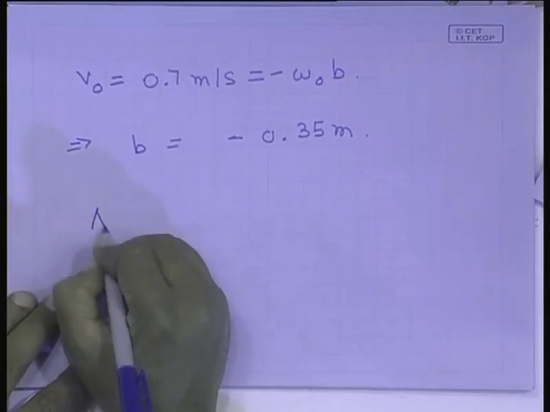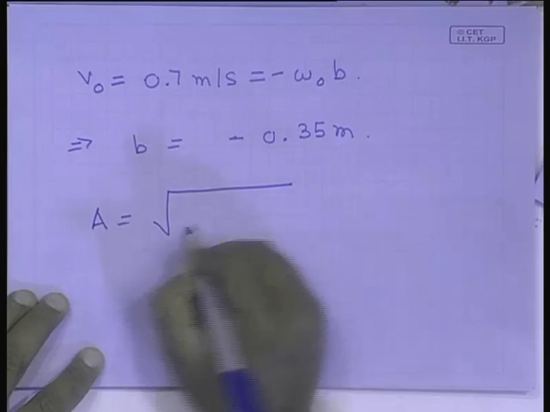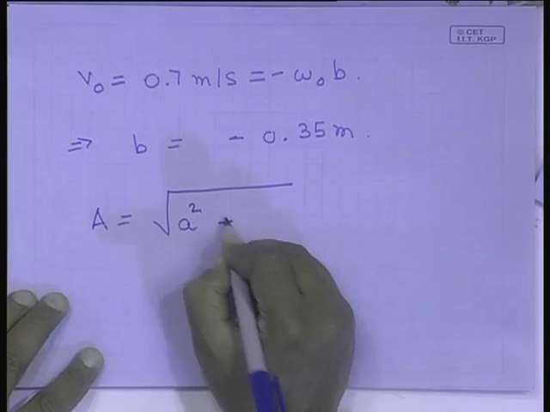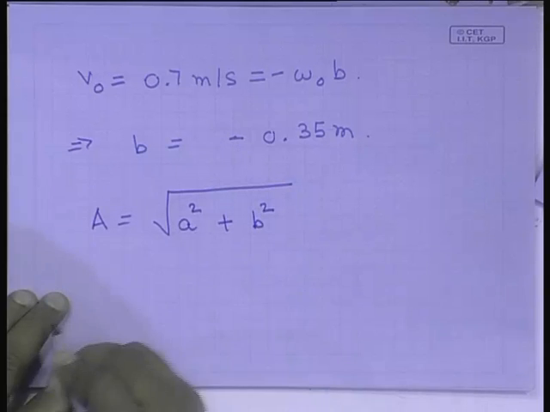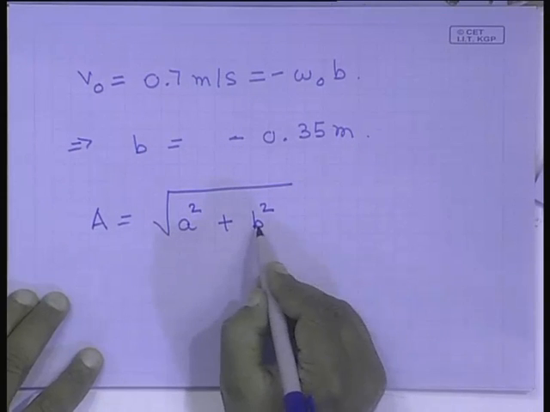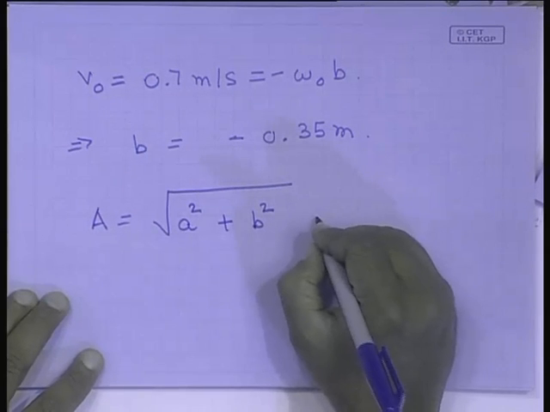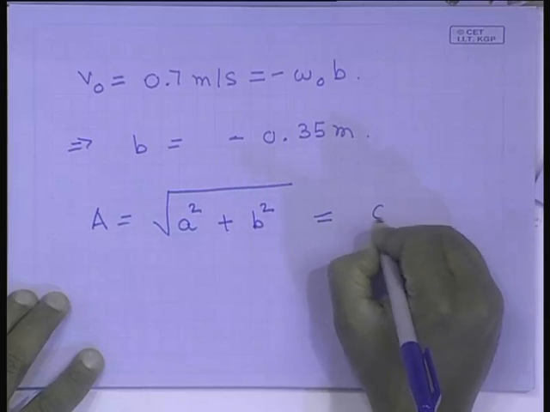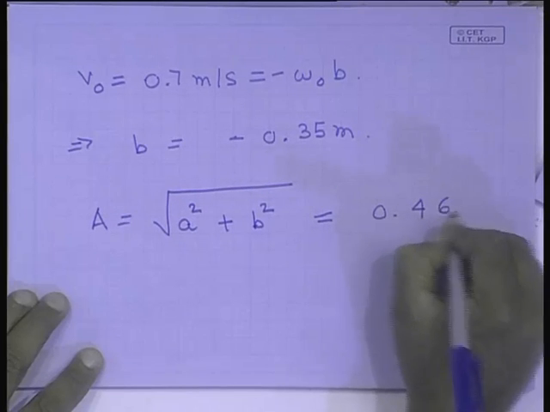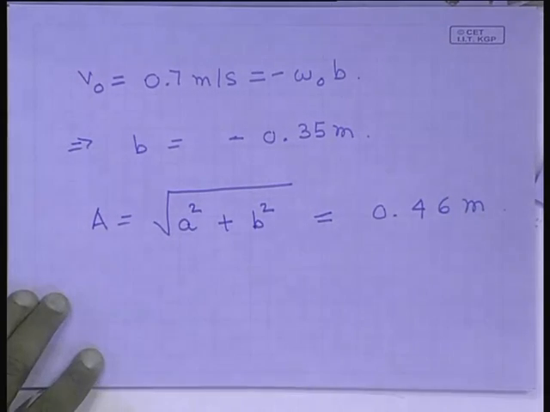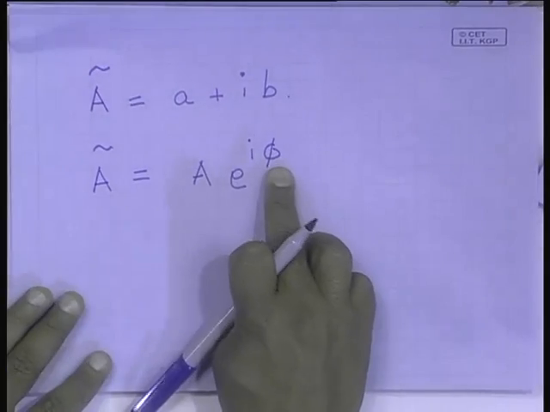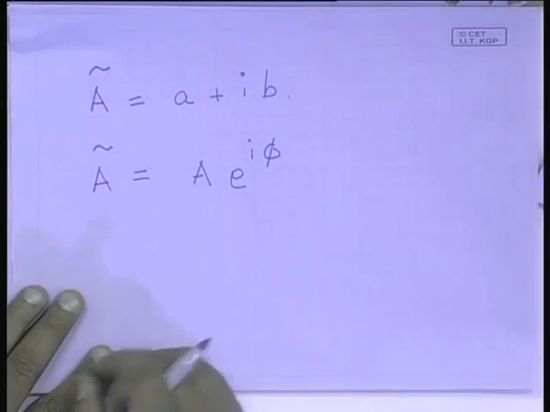The real amplitude is the square root of A square plus B square. So, A is 0.3, B is minus 0.35, and this gives us a value 0.46 meters. The phase phi is related to A and B as follows.